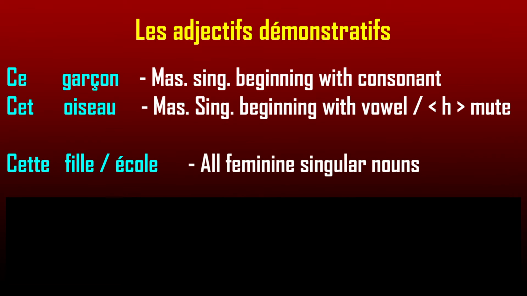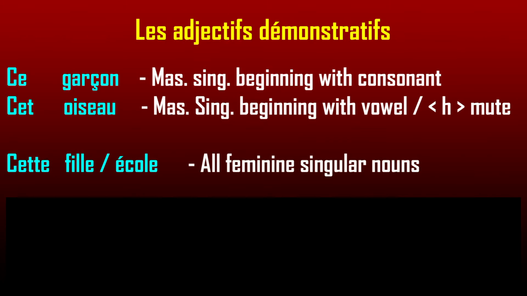In front of all feminine singular nouns, whether the feminine singular noun starts with a vowel or H mute or a consonant, use cette as the demonstrative adjective. Cette fille, cette école.